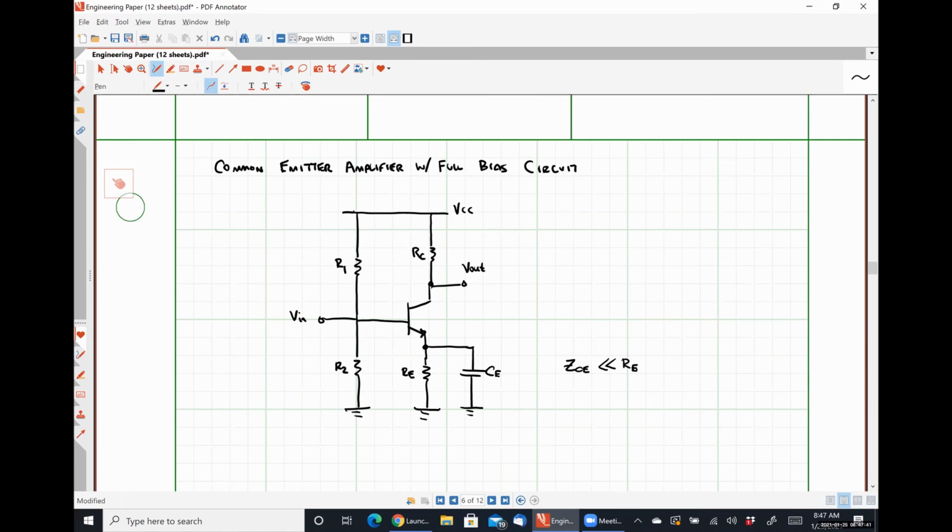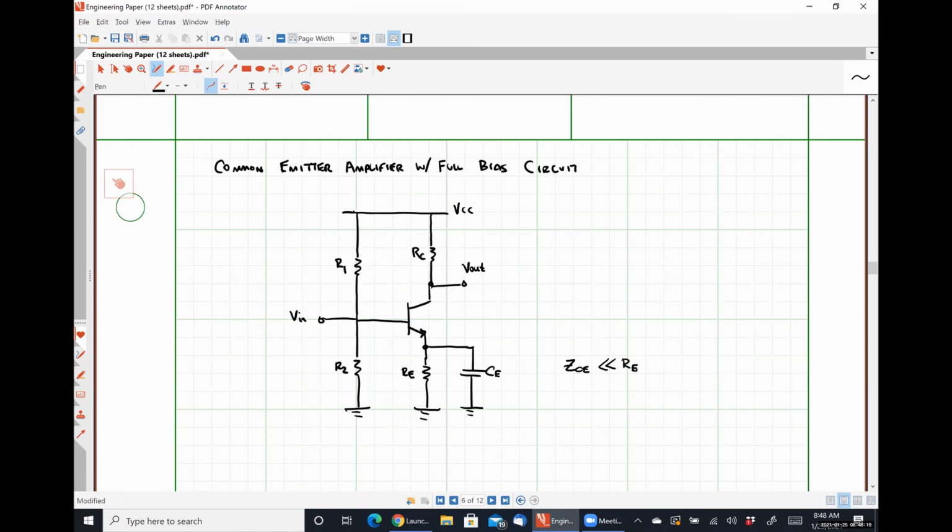If it isn't, then we just have 2 impedances in parallel, and so we make our relationship that we had previously complex in nature, which is going to be a total pain in the butt. But if the impedance of our capacitor is very small in comparison to that resistor RE, it just looks like a short circuit, right? Which is going to keep our degeneration for our biasing circuitry, but remove the degeneration, so removing that voltage gain reduction that we saw in our small signal model.